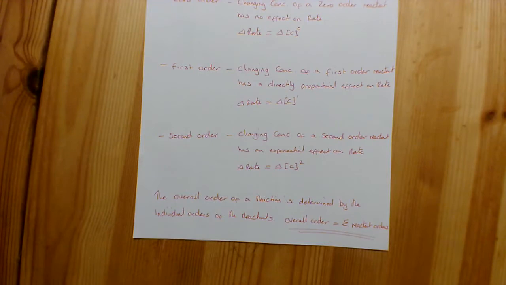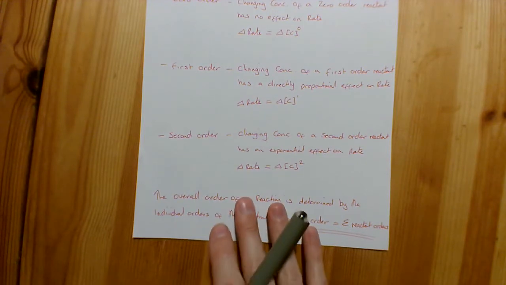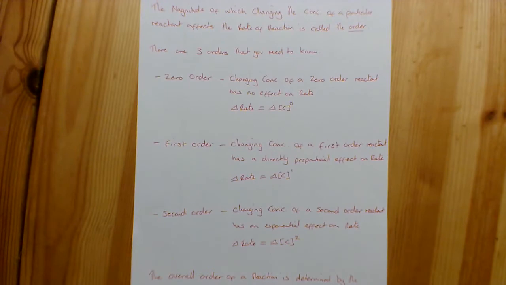If I had three reactants and all three of them were second order, then the overall order would be 6. So if you want to know the overall order of the reaction, you just add up the orders of the individual reactants. So to start with, you need to know what the orders are and what they represent.